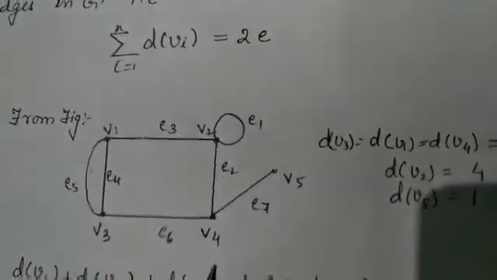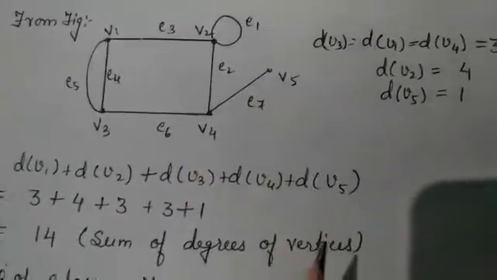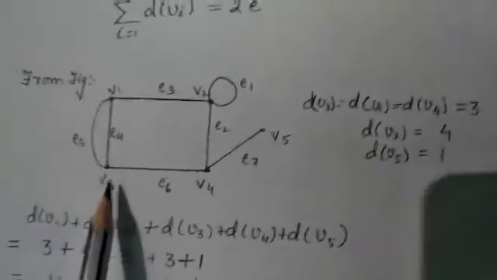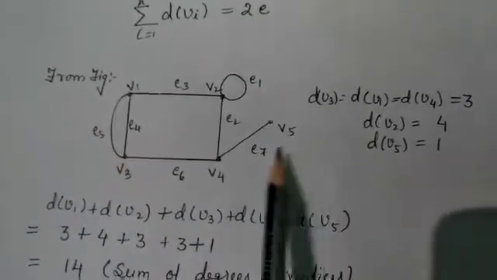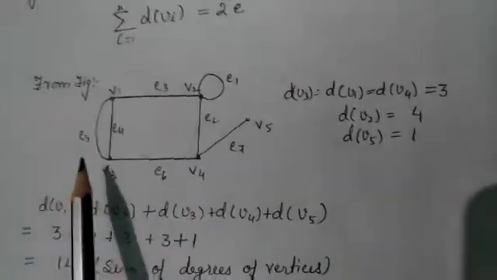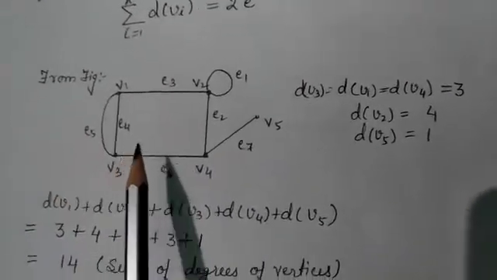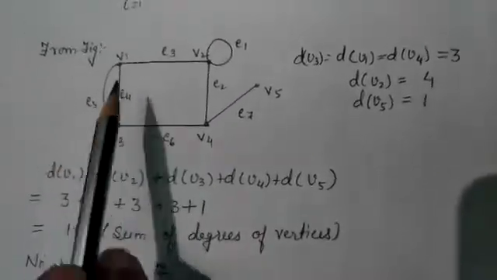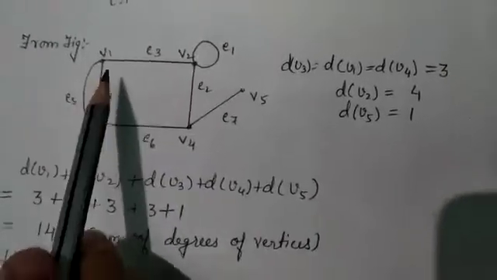Let us make it more clear through one example. We will take the previous graph with 5 vertices and 7 edges, where we have just found the degree of each vertex. So here we have a graph.